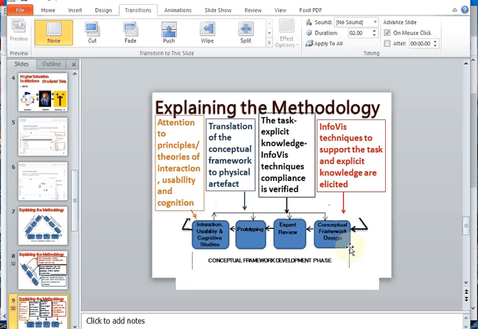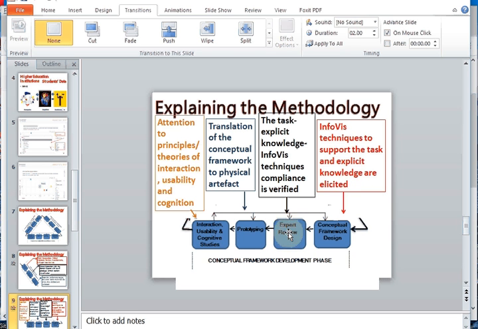This must be determined at this stage. Which of the interaction techniques are appropriate, and which of the distortion techniques. So all techniques that are going to be used in designing the information visualization tool must be concluded at this stage with due compatibility with the user's task and also with the domain explicit knowledge.